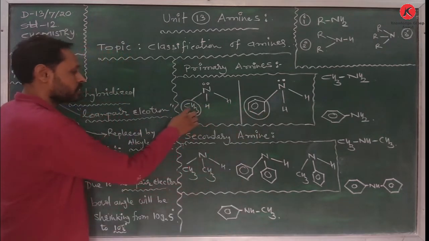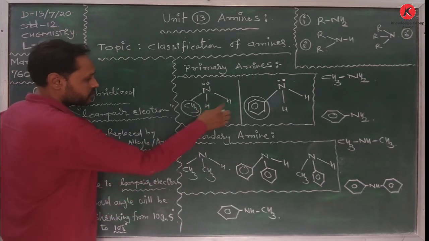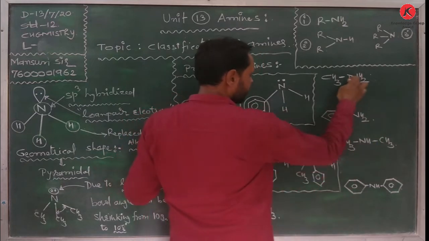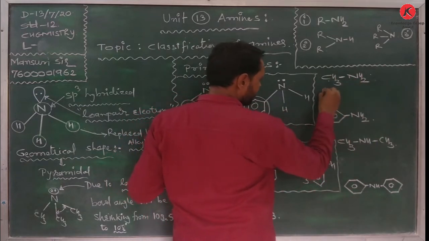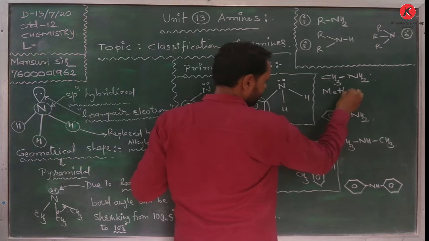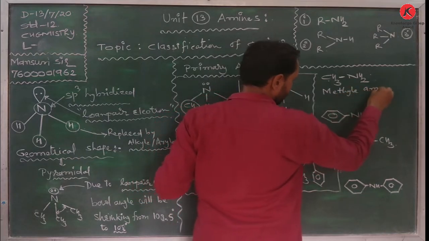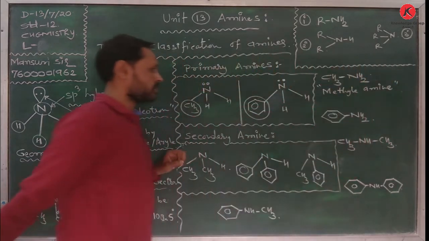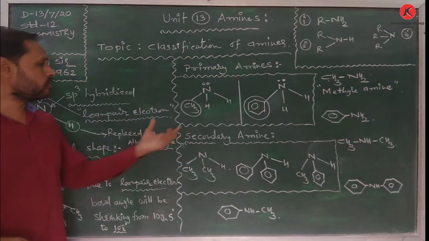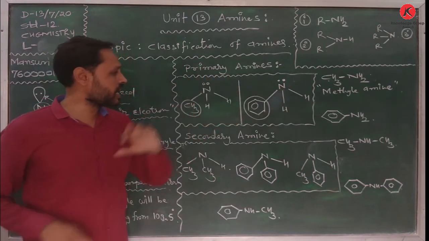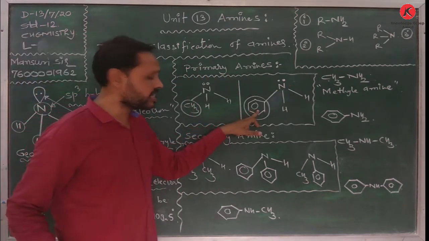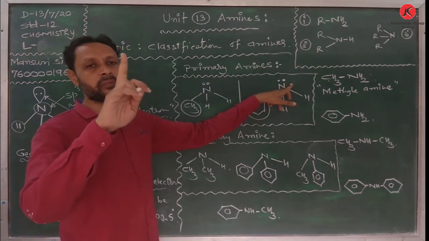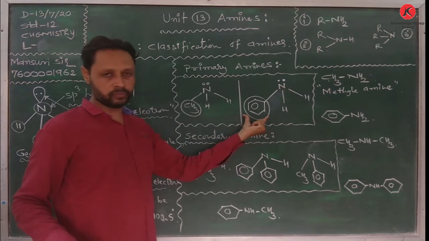Now, CH3NH2. This is methylamine. This is the common name; first of all, we will study the common names. Now a benzene ring is attached to nitrogen, so one hydrogen is replaced by a phenyl group.